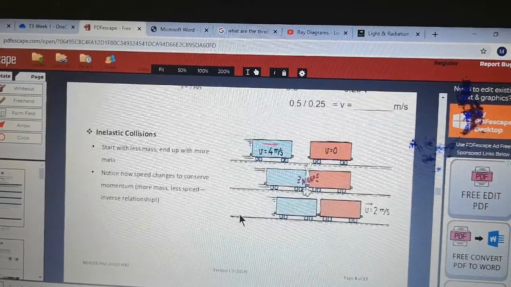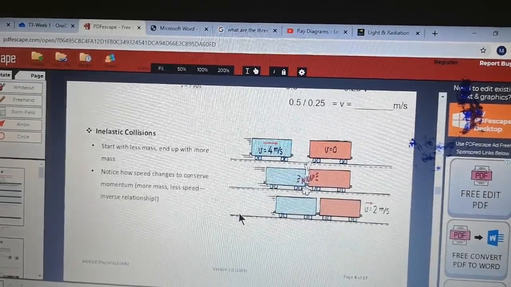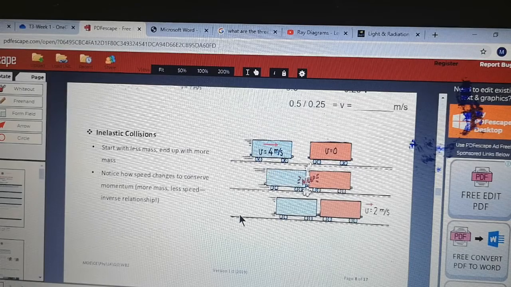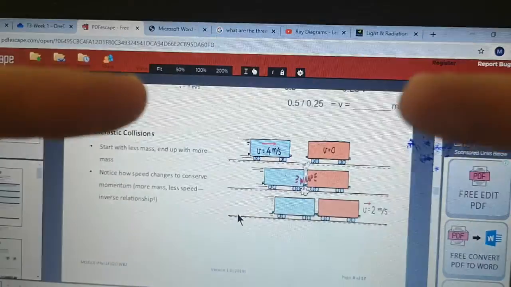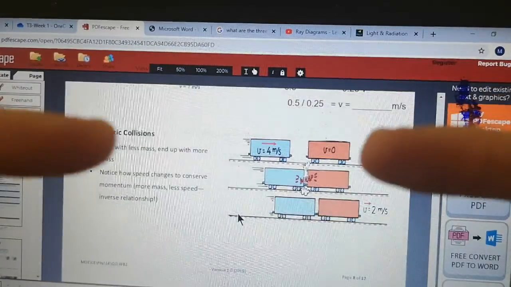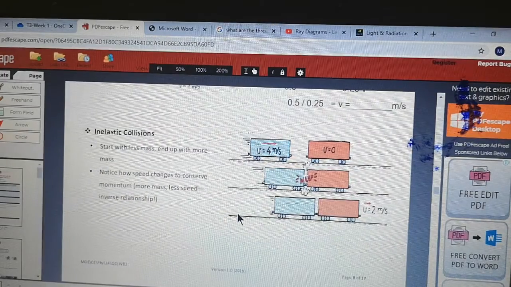So today we're looking at the other type of collision, which is what happens when two masses, instead of bouncing off each other after collision, they stick to each other. So before we said that the two things are bouncing off each other when they hit, that's the elastic.